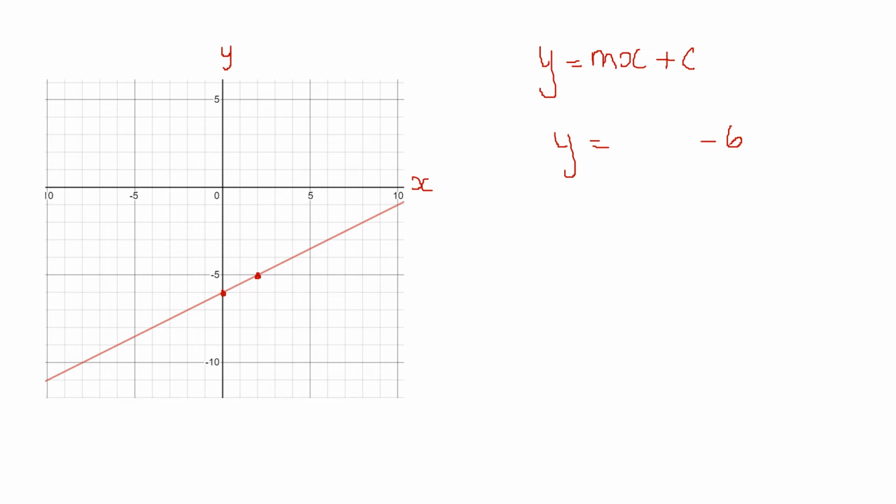So m is equal to rise over run. So we've currently found that it runs 2. And then how many do we go up? We go 1. So we know that we rise 1. So that just means our gradient's going to be a half. It's positive, so it's a half x minus 6 is the equation of our line.